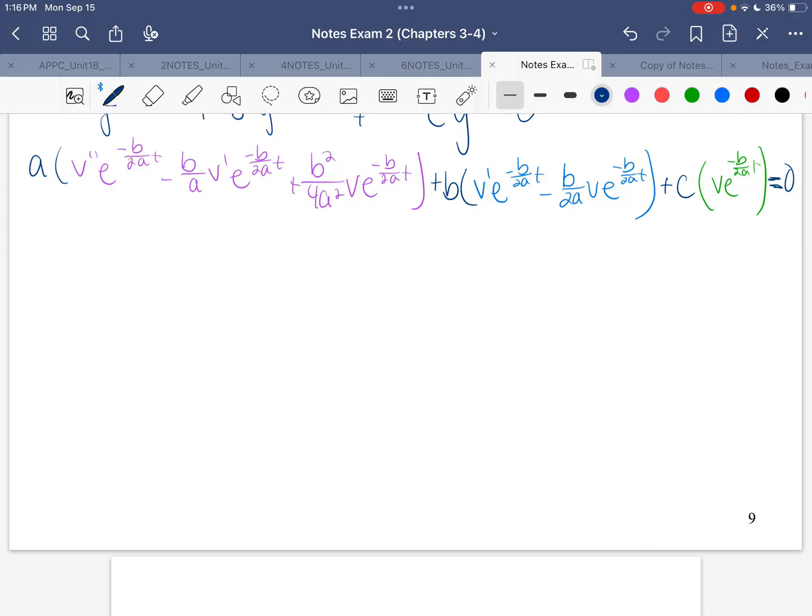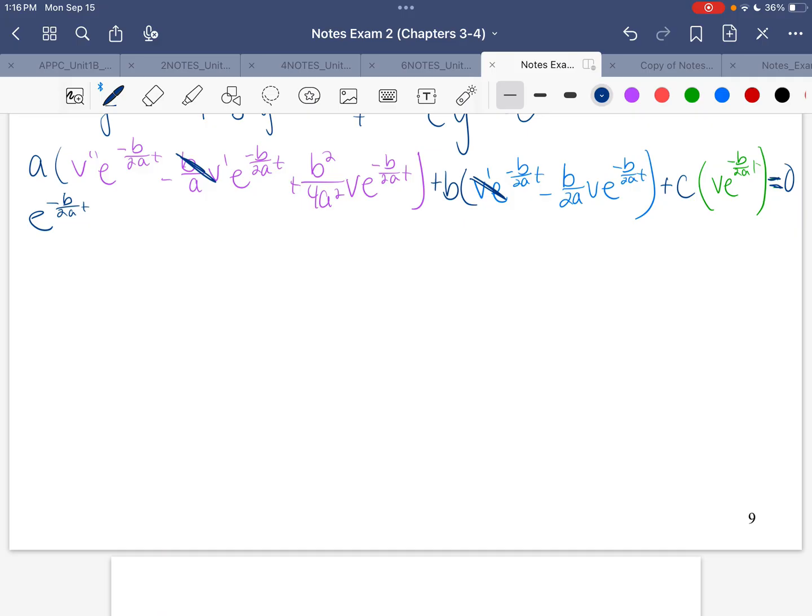Okay, I think we can see that we can factor out an e to the negative b over 2a t. And then if we distribute in the a to here, we're just going to have negative b v prime. And then if we distribute the b to here, we're going to have b v prime. So then those cancel each other out.